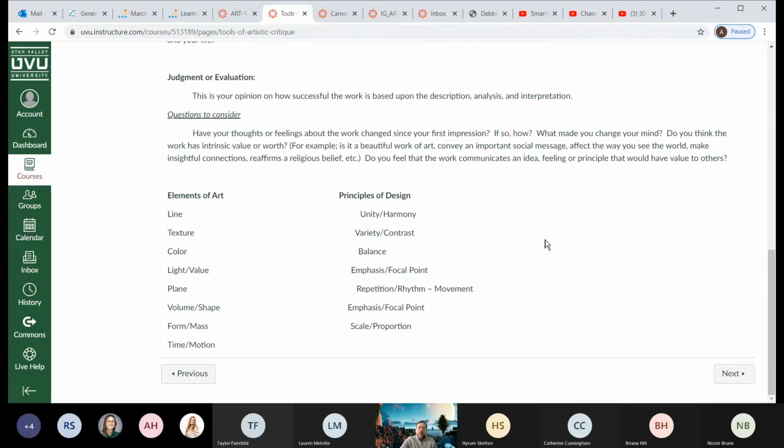Asking ourselves questions like, in this piece, does it appear to be unified? What are the things in this piece that make it so that elements are unified, and what are the parts of this piece that make it look like the pieces are separate? Because they can have both. They can be unified and can also have variety.